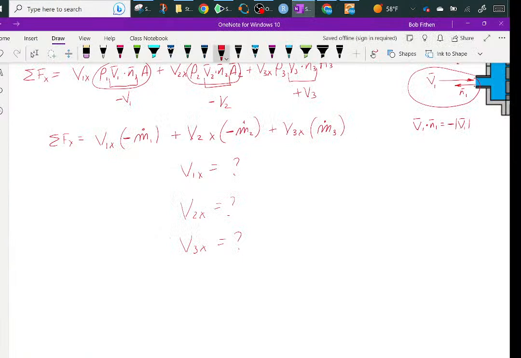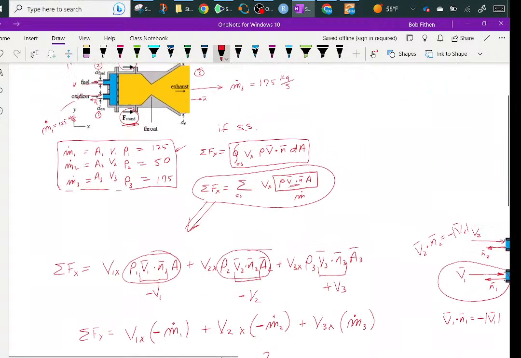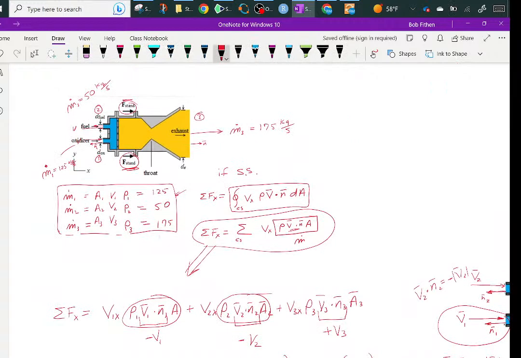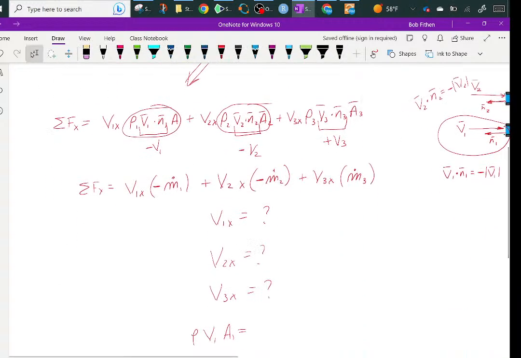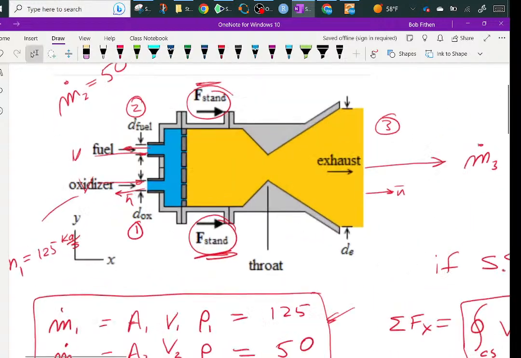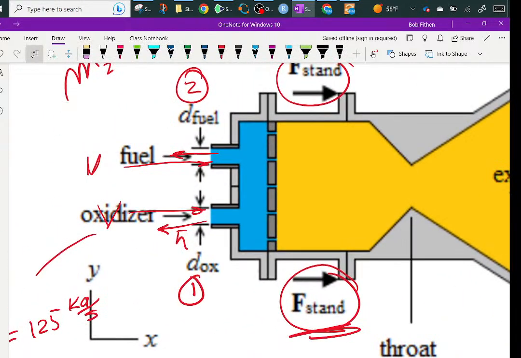So if I look at V1 A1 rho, he told me, okay, now I'm doing the oxygen. So he told me that's 125. But that's equal to, and this is for the oxygen, or oxidizer. This is the oxidizer, which is my 1.